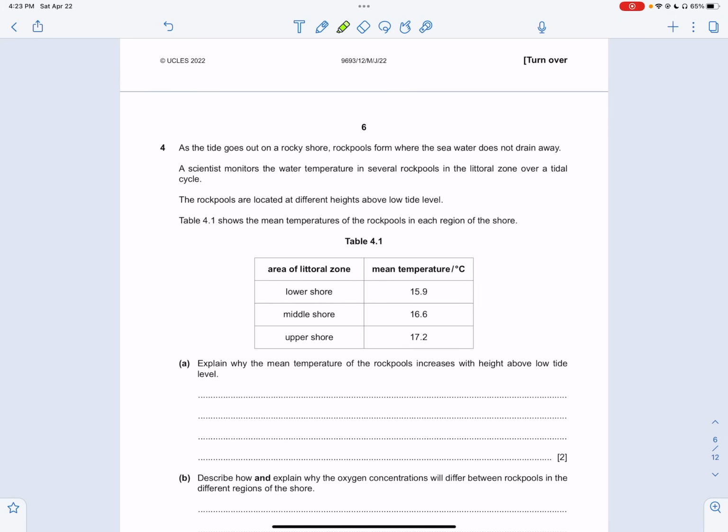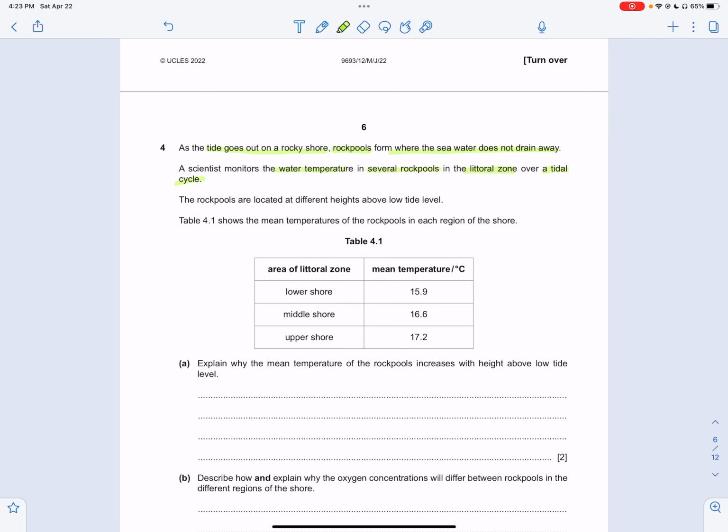This is 5.3 maybe? 5.3, rocky shores. As the tide goes out on a rocky shore, rock pools form where the seawater does not drain away. Scientists monitor the water temperature in several rock pools in the littoral or intertidal zone over one tidal cycle.